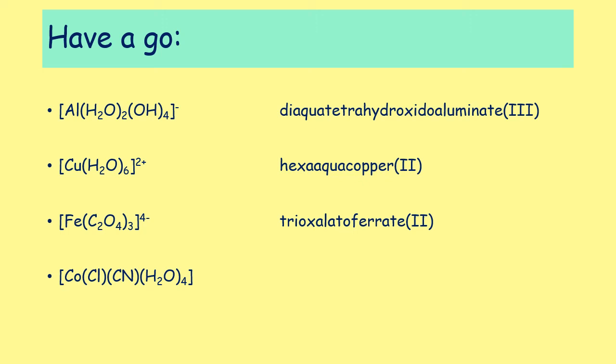It is a neutral molecule, so cobalt doesn't change its name. So it's tetraaquachloridocyanidocobalt, and the charge on the cobalt, well, no overall charge, water has no charge, cyanide is -1, chloride is -1. So cobalt needs to be +2 in order for there to be no charge overall. So tetraaquachloridocyanidocobalt(II).